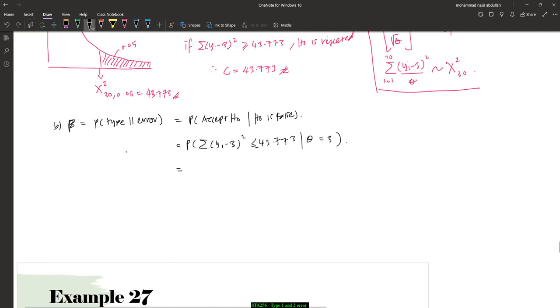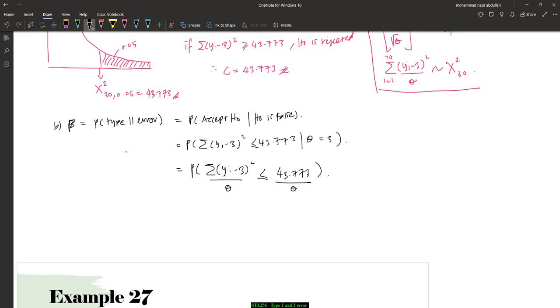We just use the formula. So the probability of the summation of (yi minus 3) squared over theta less than 43.773 over theta.